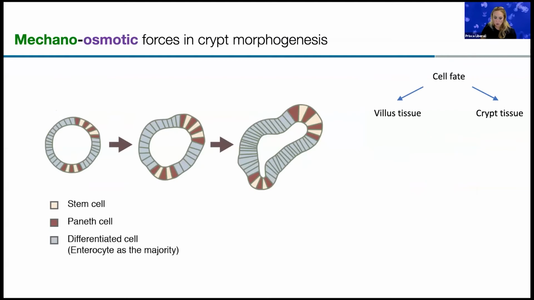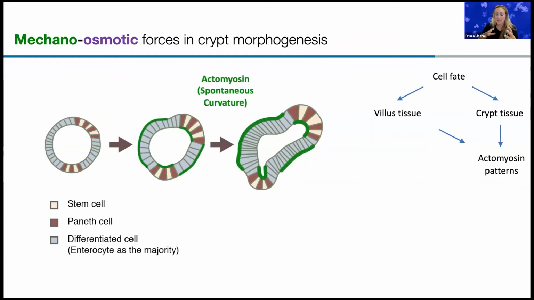And so to conclude, the formation of the crypt is really driven by a combination of mechanical and osmotic forces. And this is driven by cell fate differentiation. So at a certain point, cells start differentiating to crypt and villus tissue. This initially drives a differential localization of myosin that gives a differential spontaneous curvature.